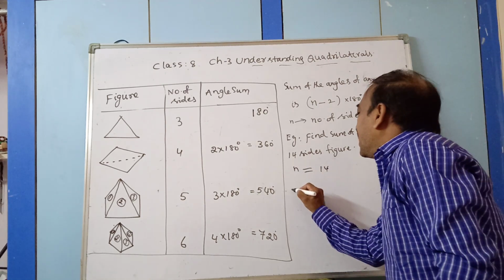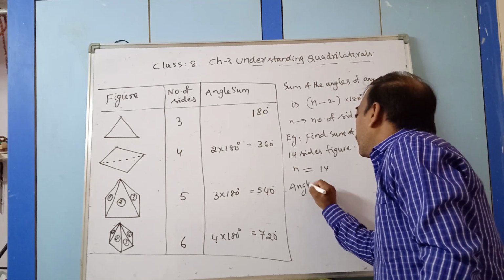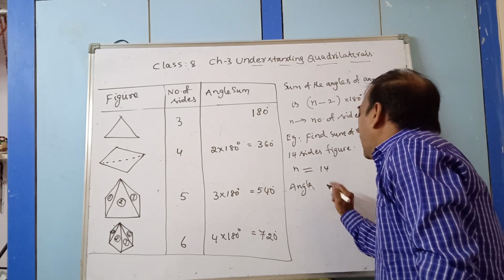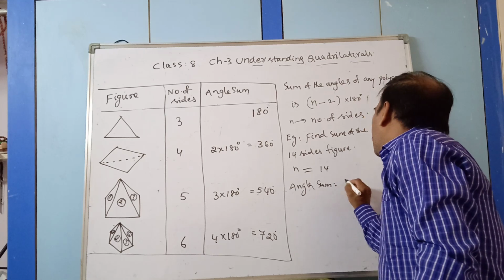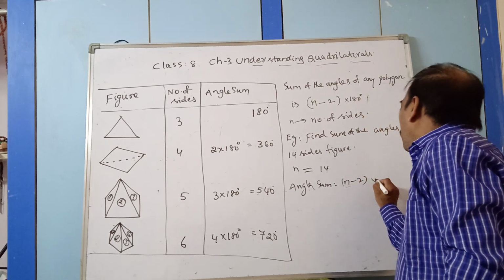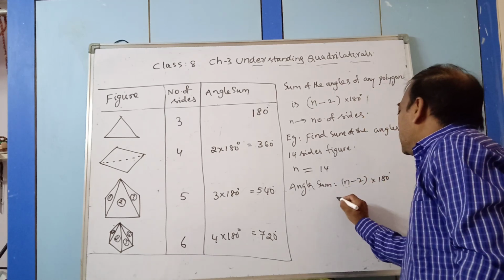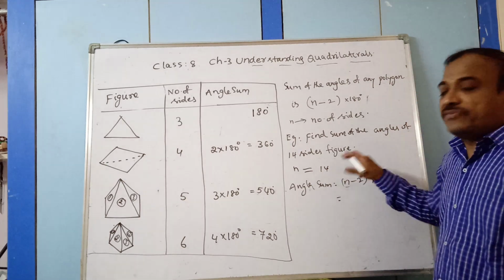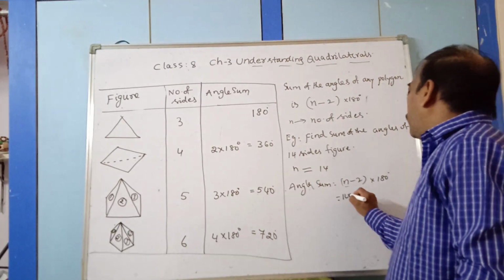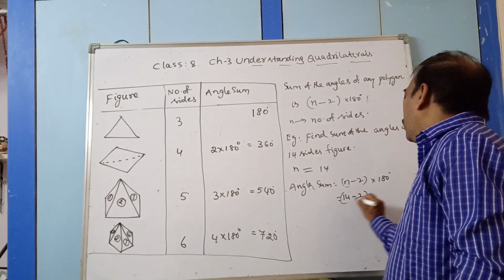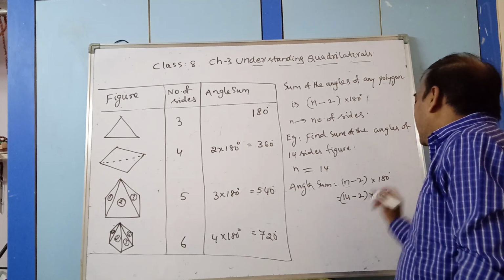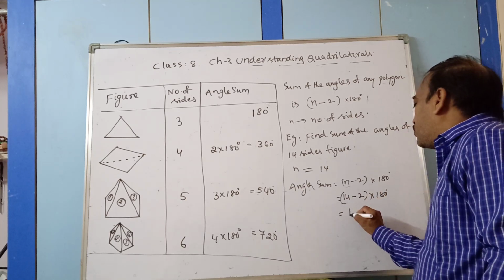Then the angle sum is equal to n minus 2 into 180 degrees. What is n? The number of sides is 14. So 14 minus 2 into 180 degrees. 14 minus 2 is 12.